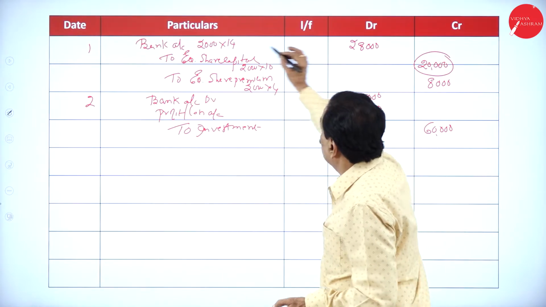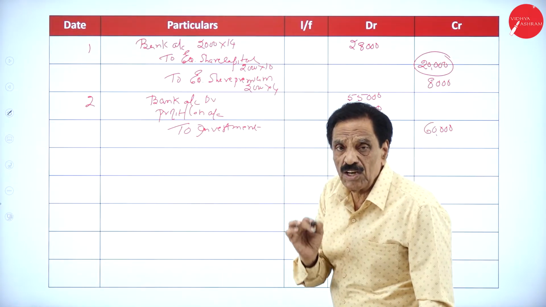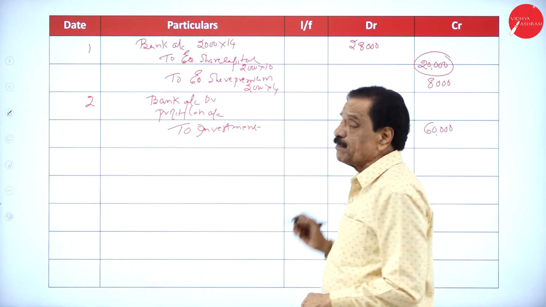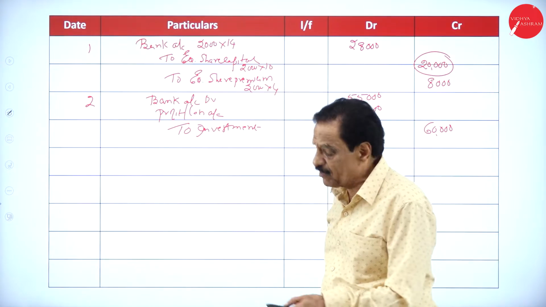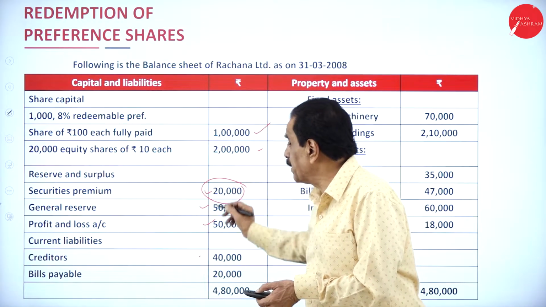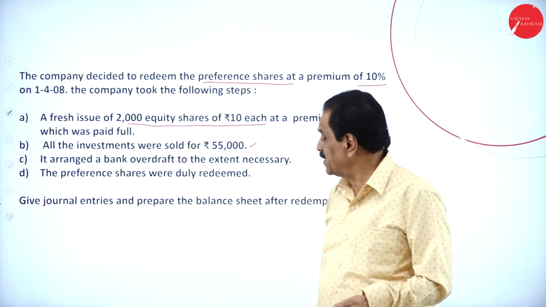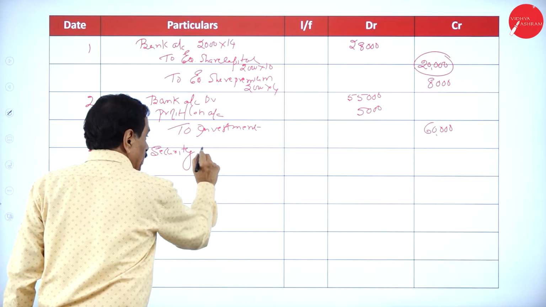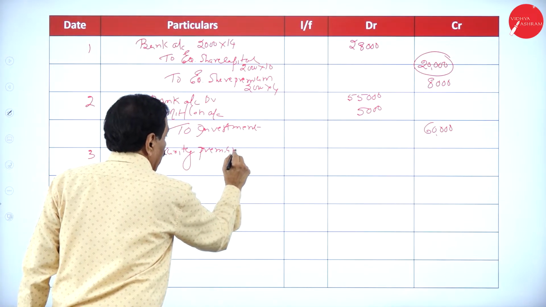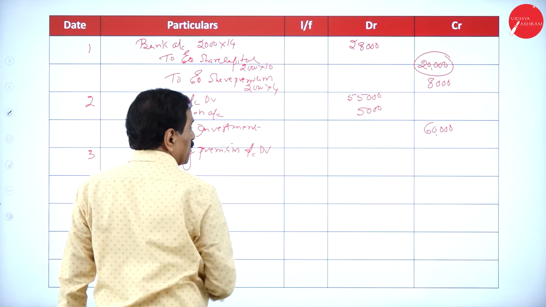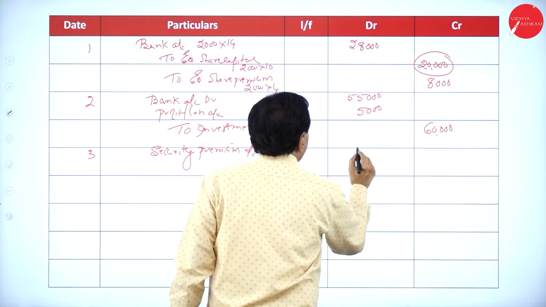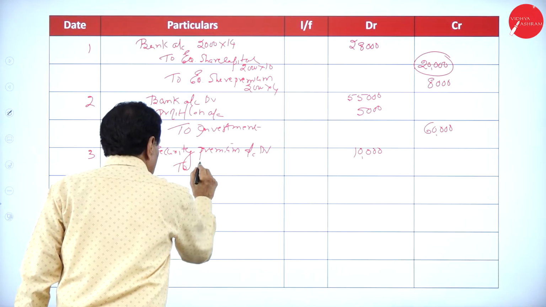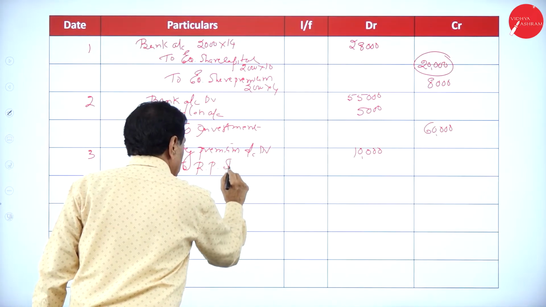See that, if we see your balance sheet. Now, you actually have to pay 1 lakh rupees, no? Premium to premium. How much premium is payable? 10,000. How much is already available in the balance sheet? See the balance. You can utilize securities premium. Securities premium account debit 10,000 to redeemable preference share premium.